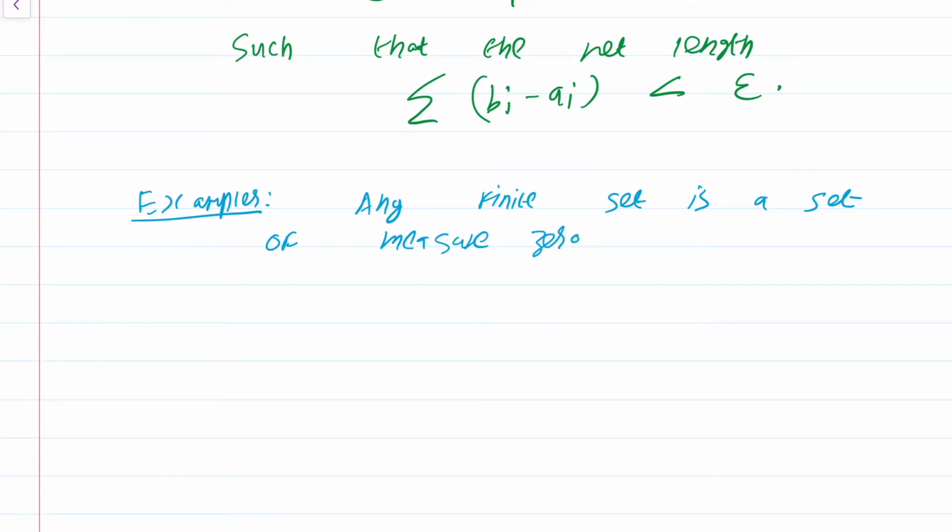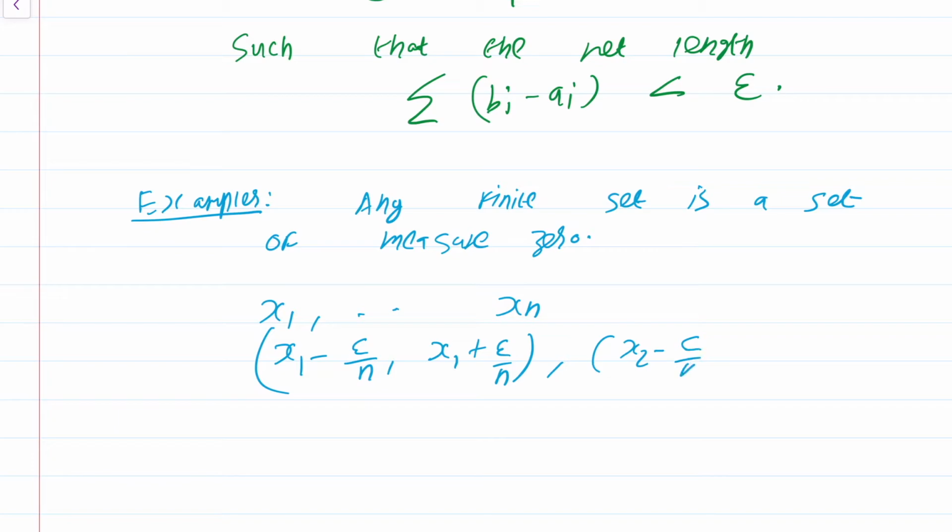How do you see this? Well, you enumerate the points as x1 to xn and consider (x1 minus epsilon by n, x1 plus epsilon by n) as one of the elements of the cover, and (x2 minus epsilon by n, x2 plus epsilon by n), and so on, up to (xn minus epsilon by n, xn plus epsilon by n).